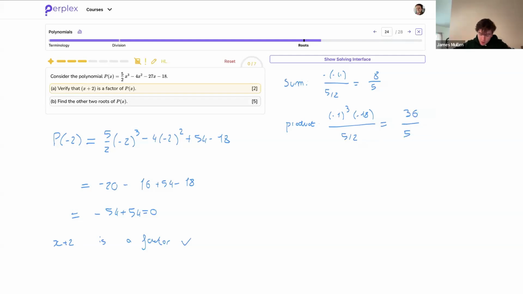Now, what do I know? I know that I have a root of -2, and that I can call my other two roots alpha and beta. And that means that alpha plus beta minus 2 is equal to 8 over 5, and alpha beta times -2 is equal to 36 over 5.